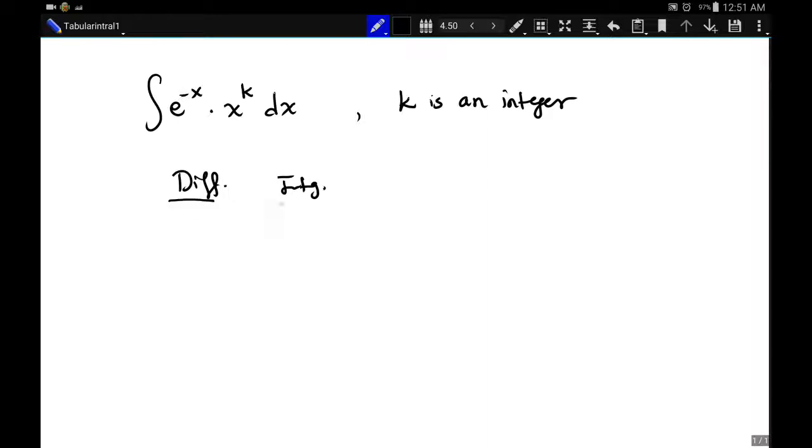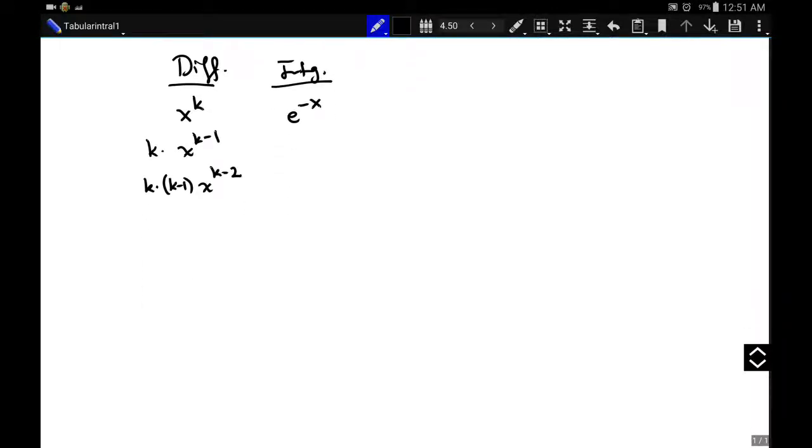If you keep differentiating x to the k and integrating e to the negative x, the first term is k times x to the k minus 1, and then k times k minus 1 times x to the k minus 2, and then differentiate one more time, k times k minus 1 times k minus 2 times x to the k minus 3, and so on.